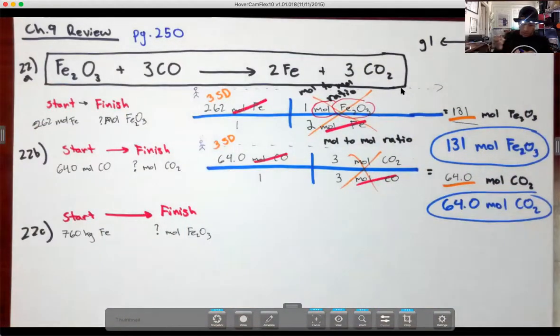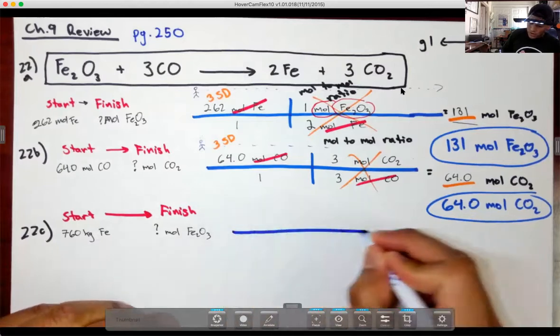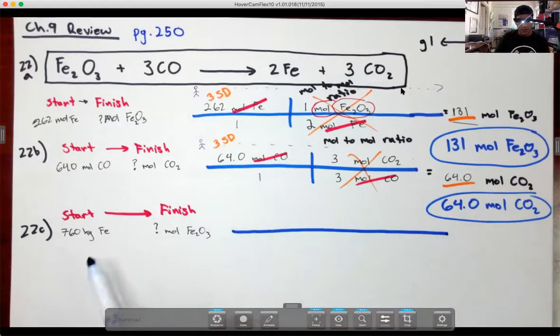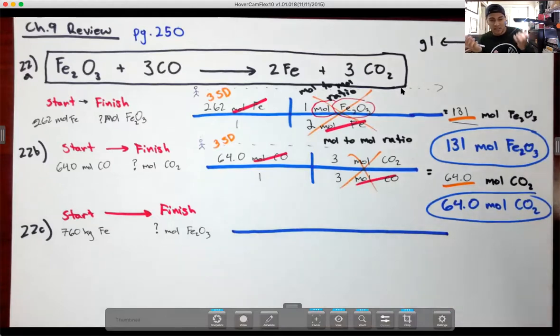Okay, so to set up the bridge, you have to think about what you're starting with. You're going to start with kilograms of this, right? But right off the bat, do we measure moles and atomic masses in kilograms? What do we measure that in? No, we measure in grams.